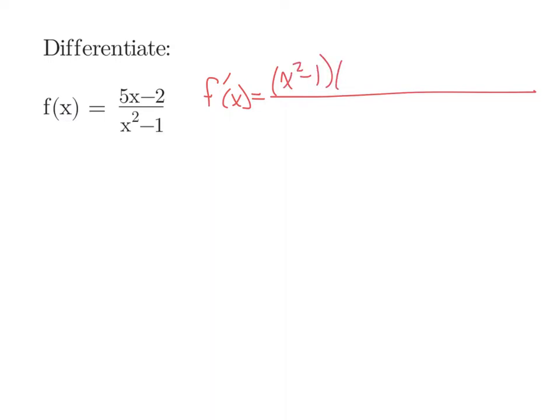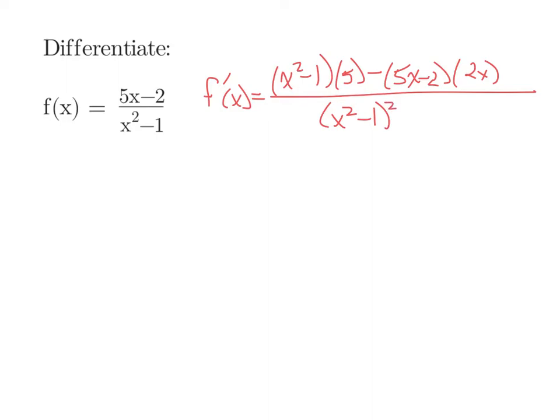D high, the derivative of what's on top, is 5. So low d high minus high d low. So 5x minus 2 times the derivative of the denominator. So the derivative of x squared minus 1 is 2x over the square of what's below. So take that x squared minus 1 and square that.